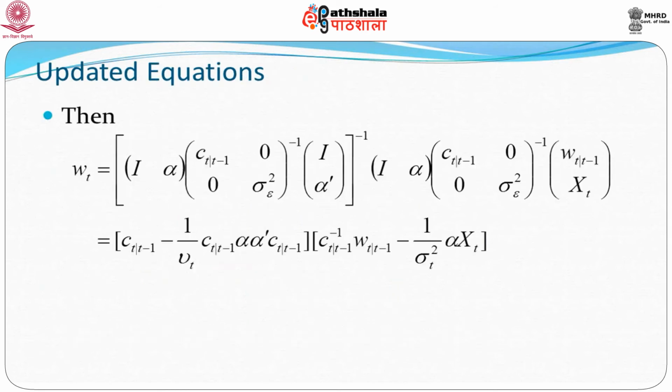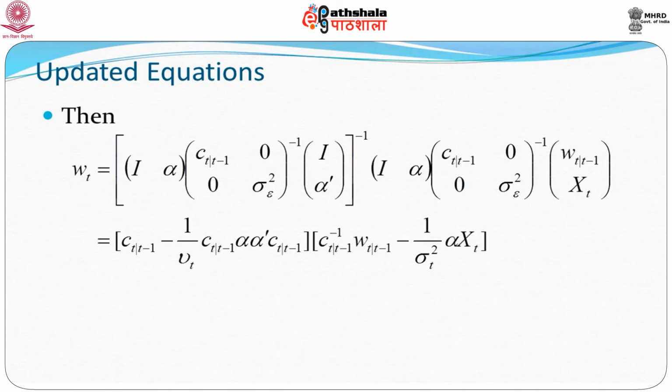Now, as you know, if you apply the generalized least square method, we would get Wt as beta, which is 1 alpha in this case, then the dispersion of the error inverse, which is Ct given t minus 1 and sigma epsilon square as the diagonal, and 1 alpha prime as the second beta. That would be your x's in fact. So, x prime into sigma inverse into x whole thing inverse into x prime sigma inverse, that is the variance inverse, into y.